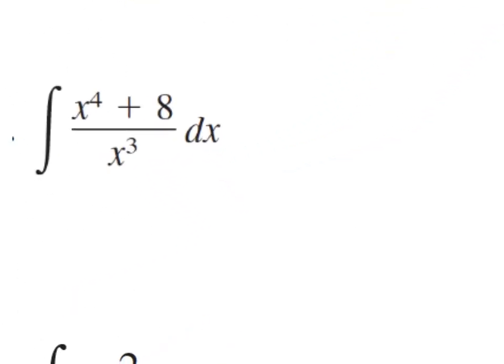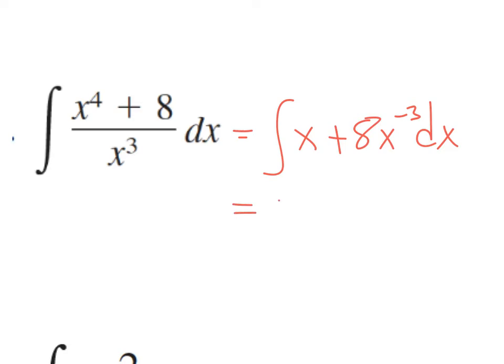Here we have a fraction. Let's go ahead and divide this out. So x to the 4th divided by x cubed is x to the 1st. And then 8 divided by x cubed is 8x to the negative 3. So change it to that, then we can use our power rule.